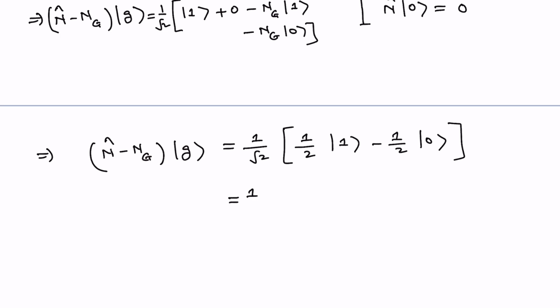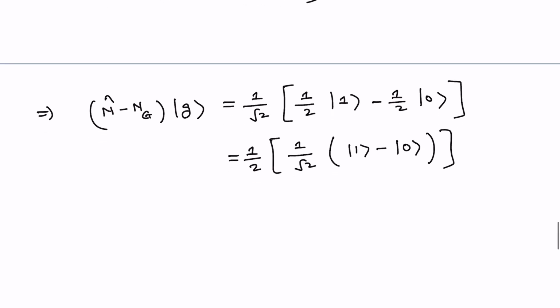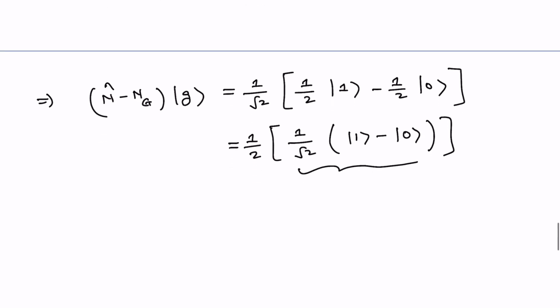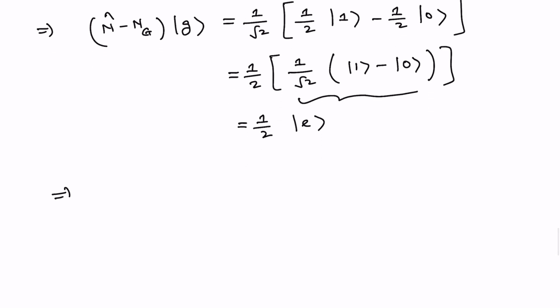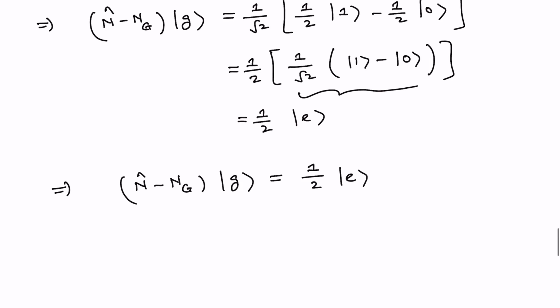This I can write as 1/2 times 1 by root 2 times (ket 1 minus ket 0), and this is nothing but ket e. So I have 1/2 ket e. So what you see, you are ultimately getting n minus nz operating on ket z is going to give you 1/2 ket e.